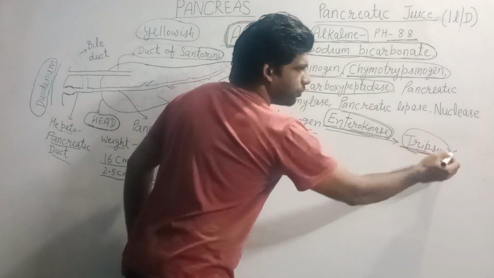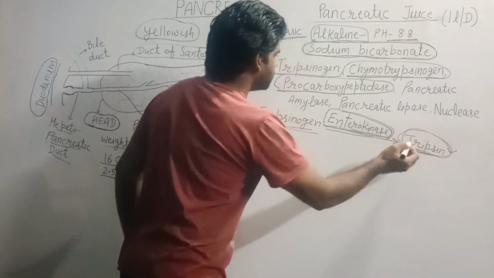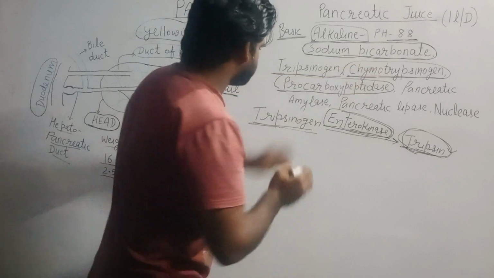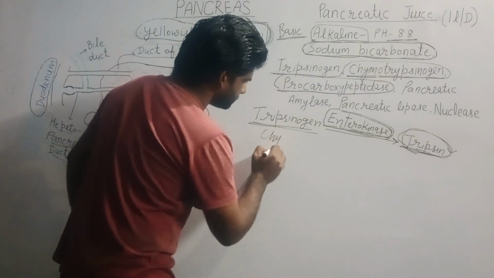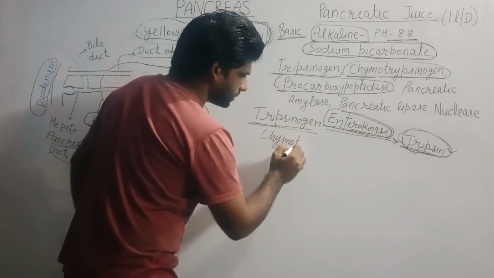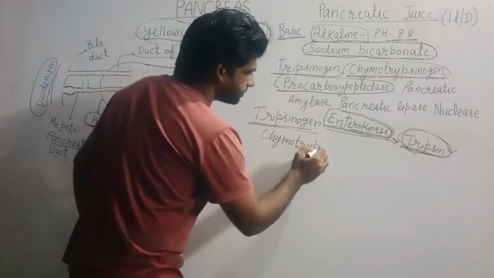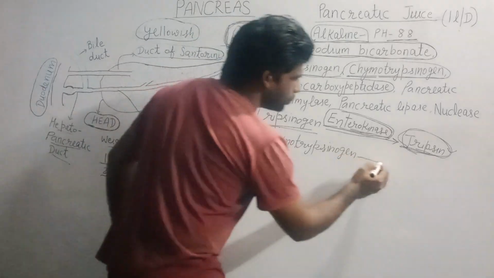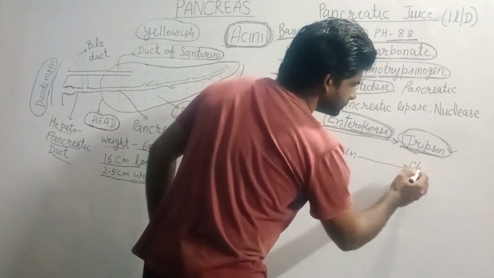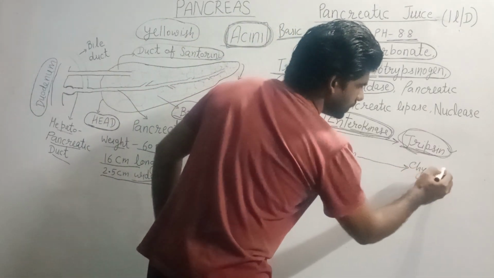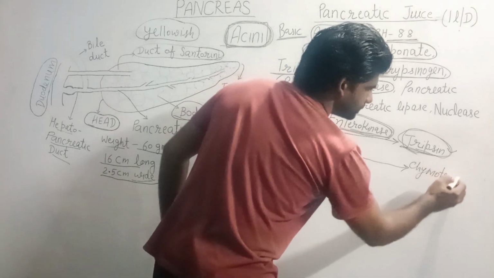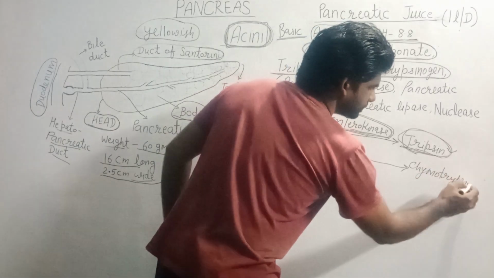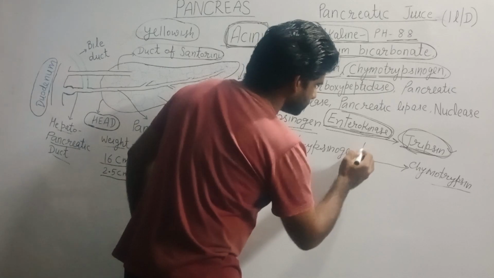Once trypsin is formed, it can convert chymotrypsinogen into chymotrypsin. It is done by trypsin.